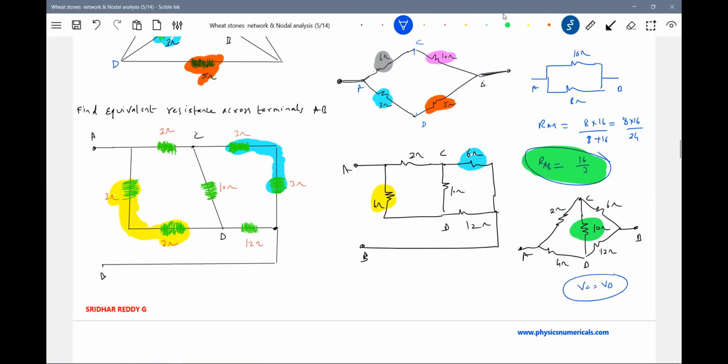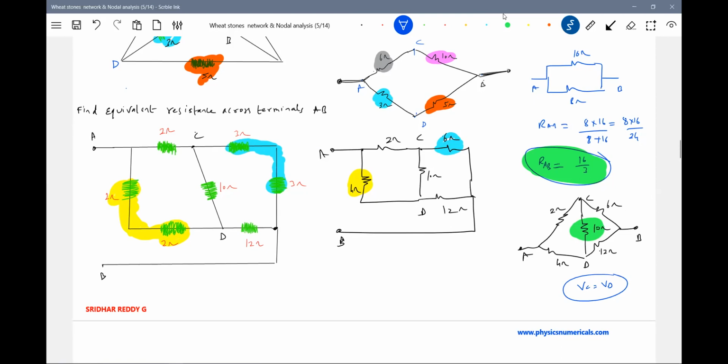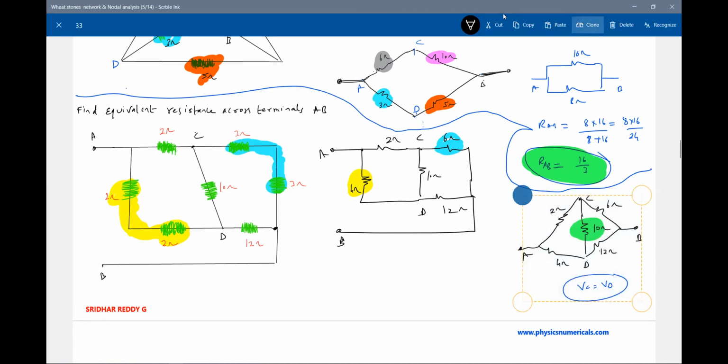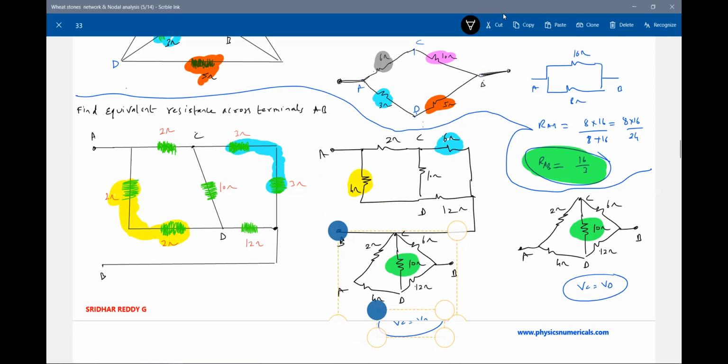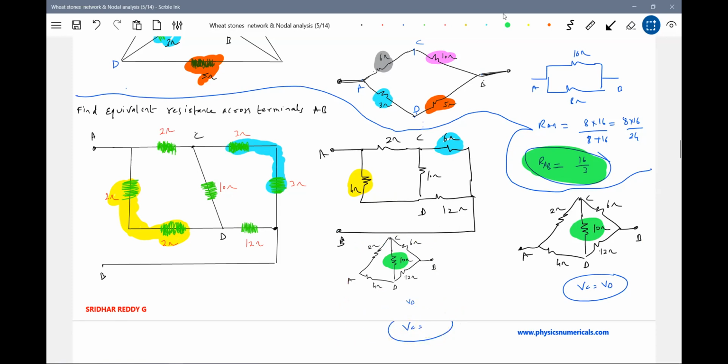So after removing it, this 10 ohm should be removed.